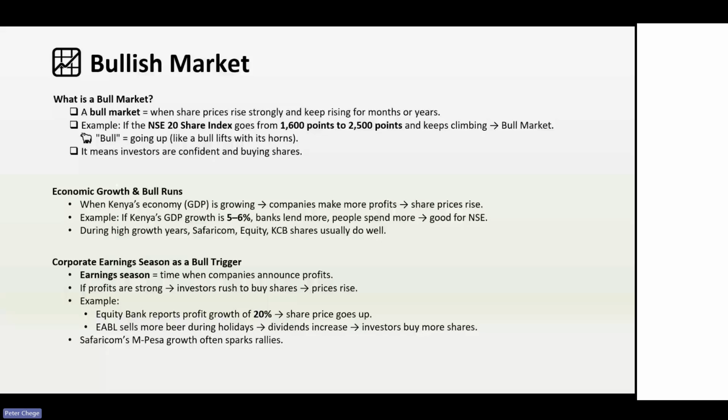Half year results. So you find that during earnings season, most of them will either announce a profit or loss. And any announcement has an effect on their prices.